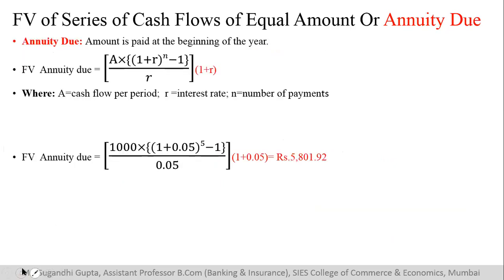So the formula says annuity due. Whenever it is annuity due, as I said, it is the beginning of the year. This is the formula for it. This entire square bracket formula is same as for the annuity. Only one thing changes. As I said, you have to compound it one extra time and hence we multiply the entire value with one more extra time.